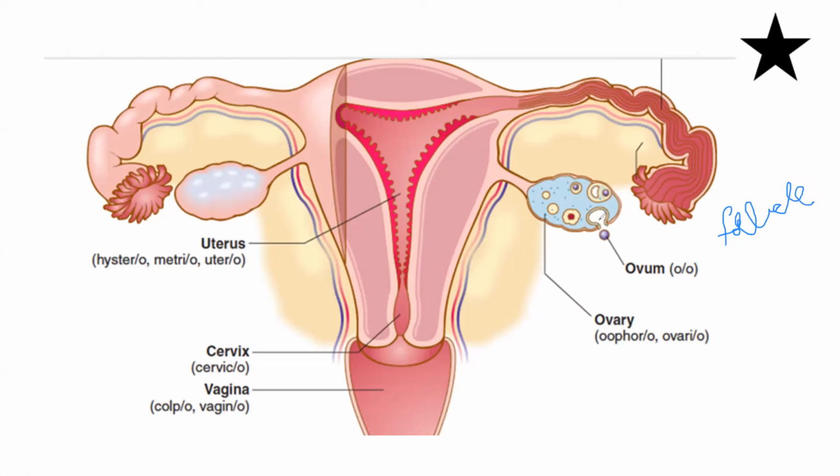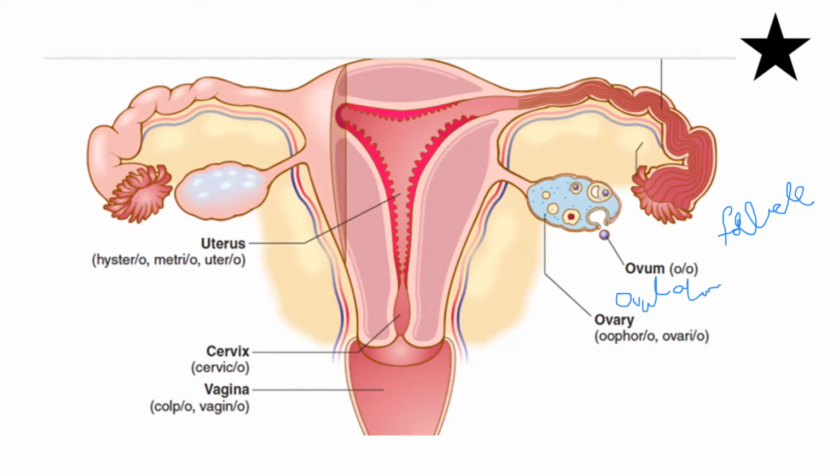When the ovum comes out of the ovary, we call it ovulation. So ovulation is the process when one ovum is produced out of the ovary. Normally this ovum will come over here.